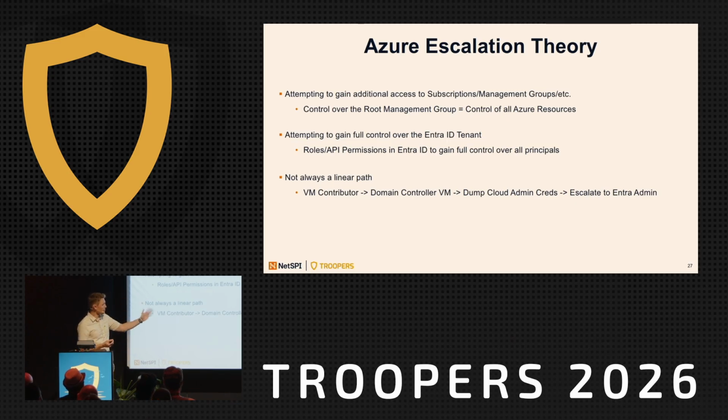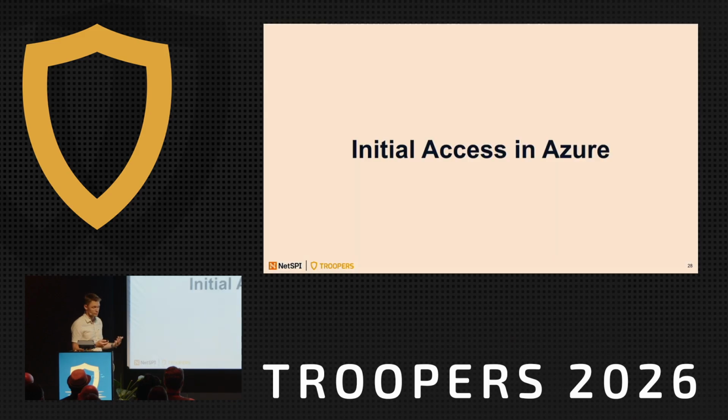Let's say that there's some kind of on-prem connection that gets us back down to the on-prem environment, maybe through the VM itself, and then we find cloud admin creds down on-prem, escalate up to Entra admin, then we're all the way back up to the cloud again, but this time we've escalated privileges. That's just one more infrastructure-based option. There's all sorts of different paths, services that we run into where we're bouncing from different services, working on an escalation, trying to get a little bit more access.